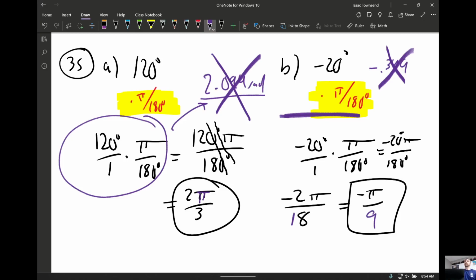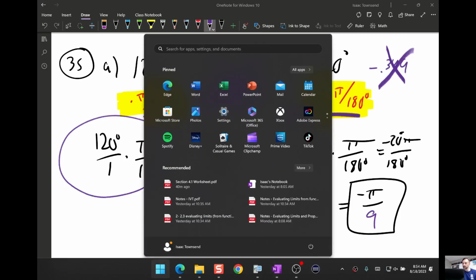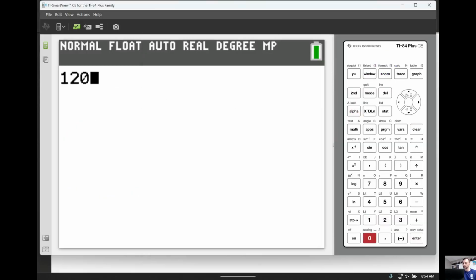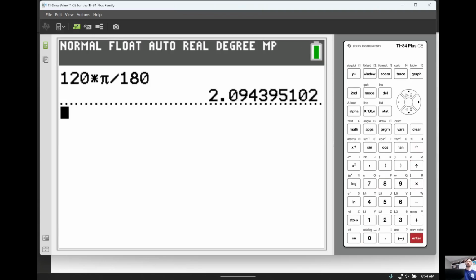Yeah. Okay. Now, here's what I was going to suggest to y'all, since this is a calculator quiz, and this would have caught my mistake. Even though this question doesn't say round to 3 decimal places, you can do 120 times pi over 180. And you might think that this is worthless as an answer because it doesn't say round.